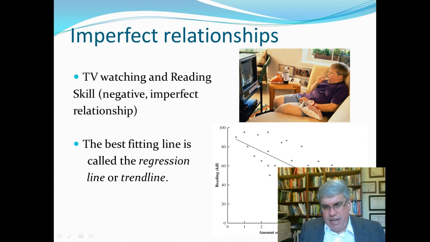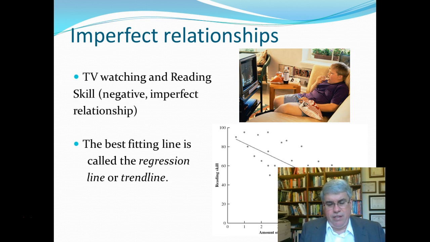So down here at the bottom, we've got the amount of television watched in hours per day, ranging from 0 to 8. And then we've got some kids' reading skills going from a 0 to 100 score. And in general, we can see that the kids that watch TV the least have the best reading skills, and those who watch TV the most have the worst reading skills.